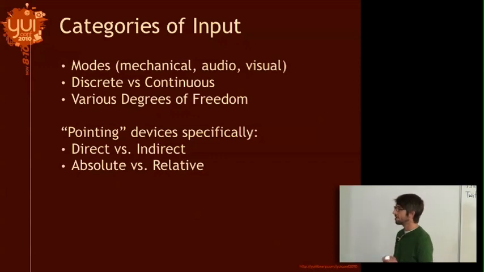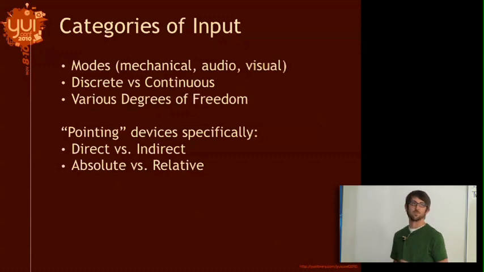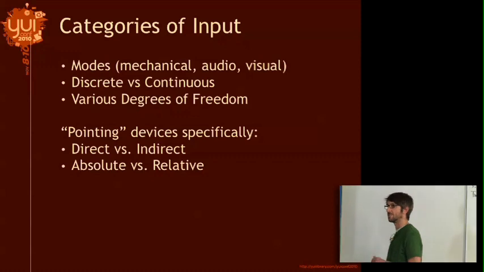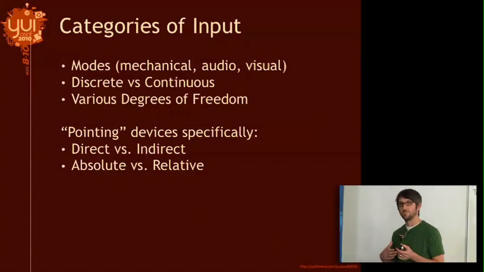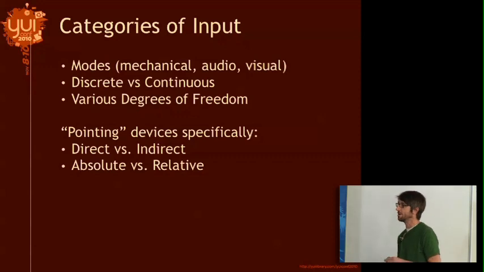And then talking about pointing devices specifically, they're direct or indirect. I think that's one of the things a lot of people find so compelling about modern smartphones, tablets and touch devices: instead of indirect input, by moving a mouse over here and seeing a cursor over here, it's direct input. You touch what you want.